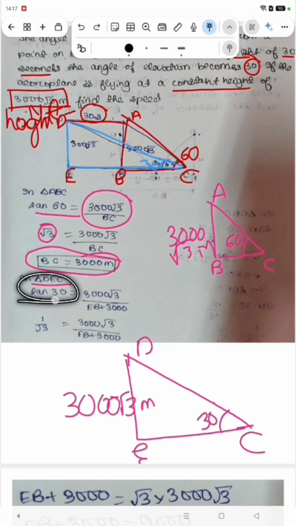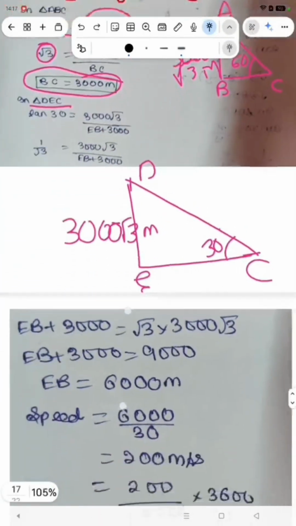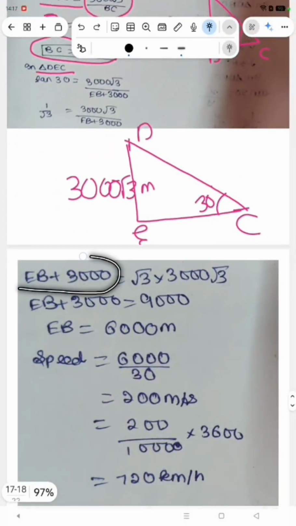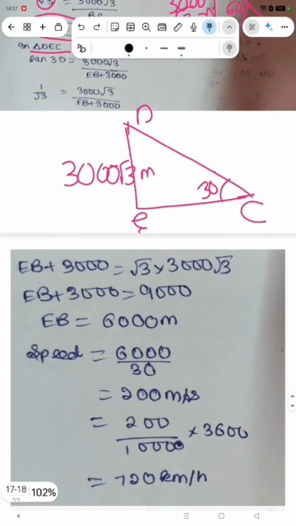Tan 30 is 1 by root 3, so 1 by root 3 is 3000 root 3 upon EB plus 3000. By cross multiplication, EB plus 3000 equals root 3 into 3000 root 3.